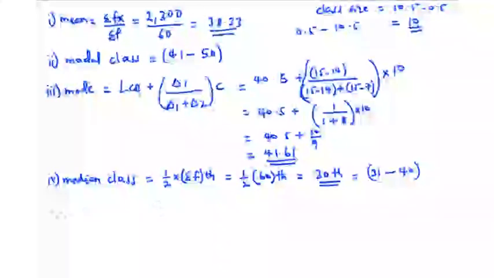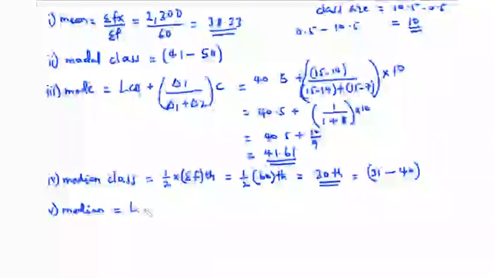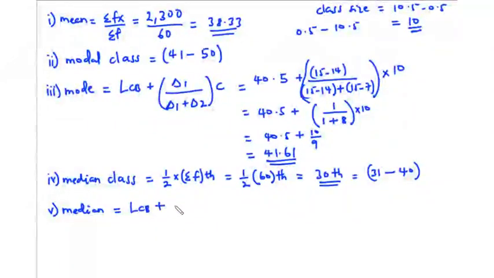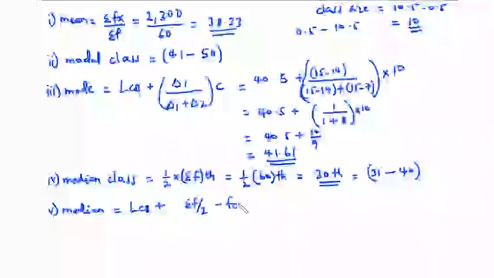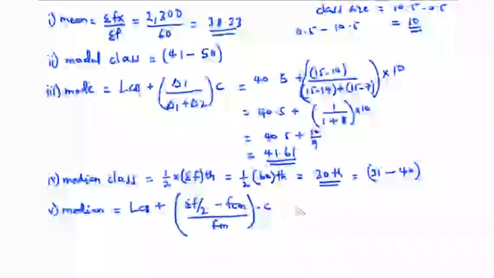So now let's find the median itself. So the median is given by the formula lower class boundary plus the summation of f over 2 minus FCM and then FM divided by FM, all multiplied by the class size.